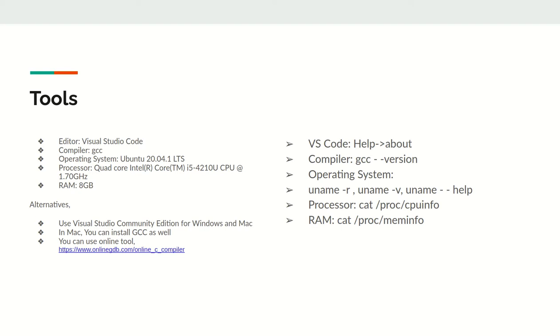You can also use the online tool available in that link. So we will just see how these tools look like, and we will start writing the programs. These are all the right side things. Using these commands we will see how the tools look like, and we will confirm the tools now in a practical way.